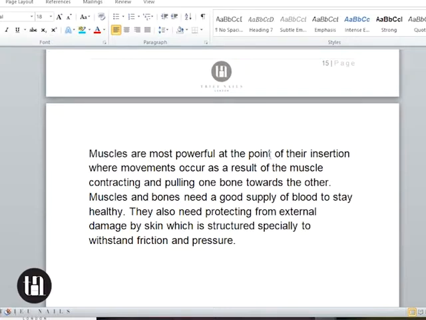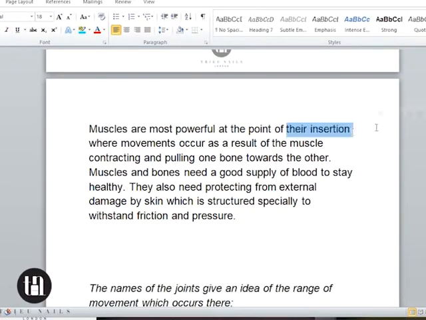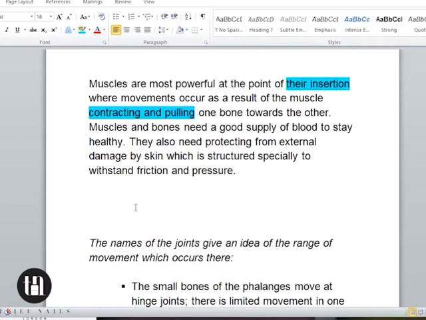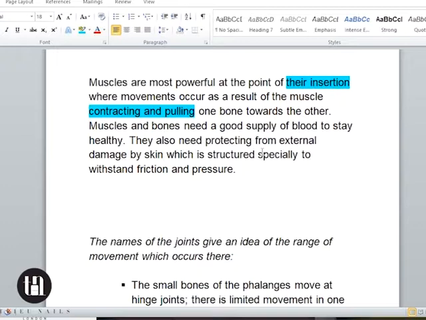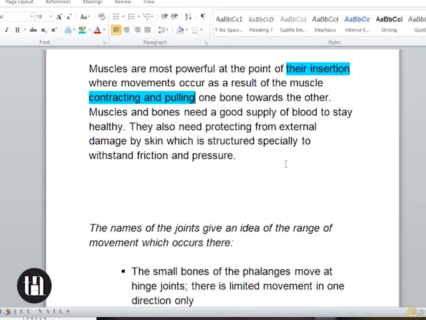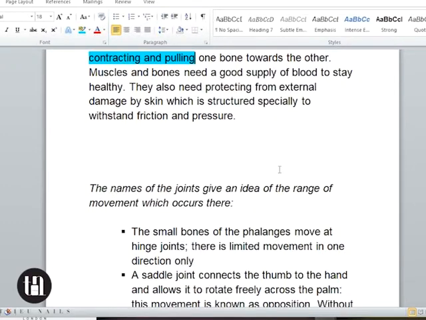Muscles are most powerful at the point of insertion, and movements occur as a result of the muscle contracting and pulling one bone toward another. Muscles and bones need a good supply of blood to stay healthy. They also need protecting from external damage by skin, which is structured especially to withstand friction and pressure.